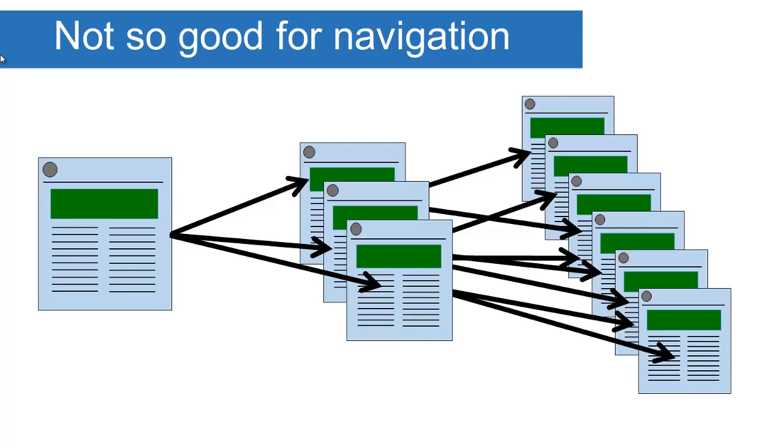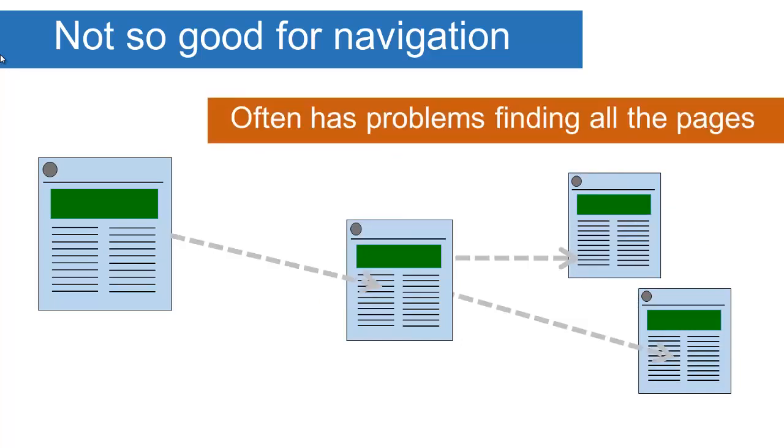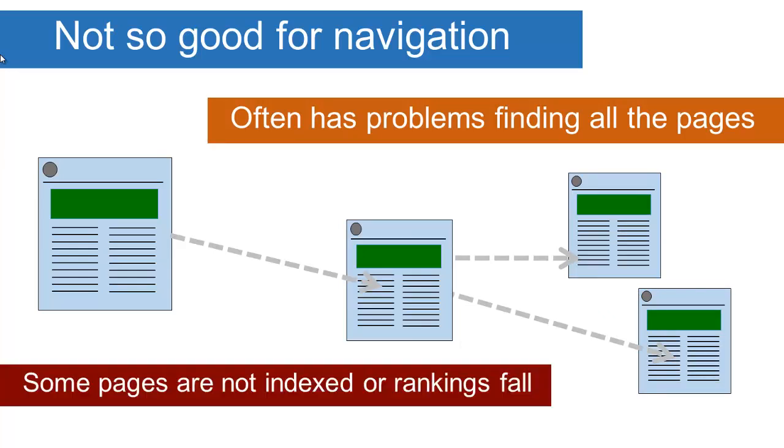If Google or Bing can't understand your links, the number of pages indexed is going to be an issue because they're not going to be able to find them, and that's going to really cause indexing to go bad and your rankings to fall.